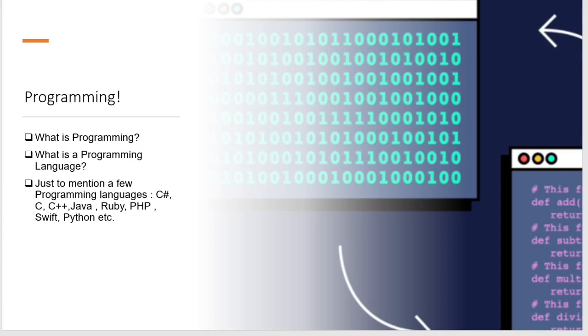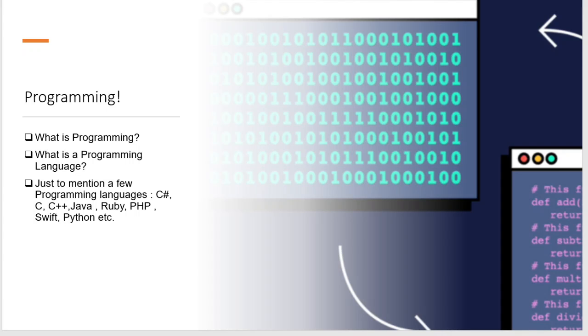In simple terms, a computer program is just a set of instructions that tell a computer what to do. And the process of creating these instructions is what we call programming. Programming is the process of creating instructions that tell a computer what to do, and this is done by a programmer.